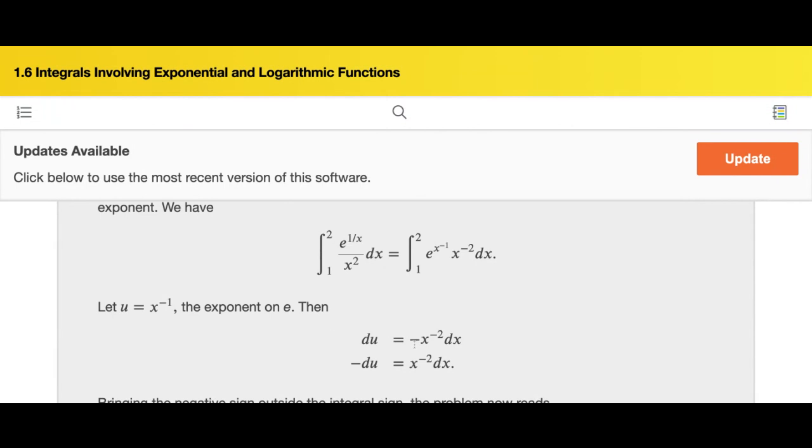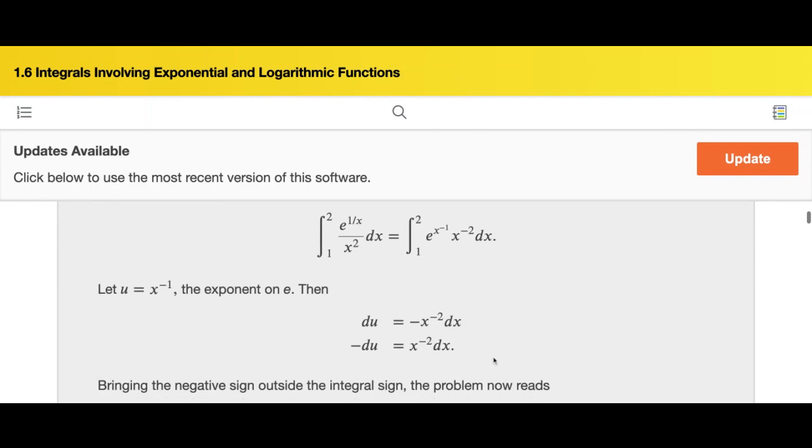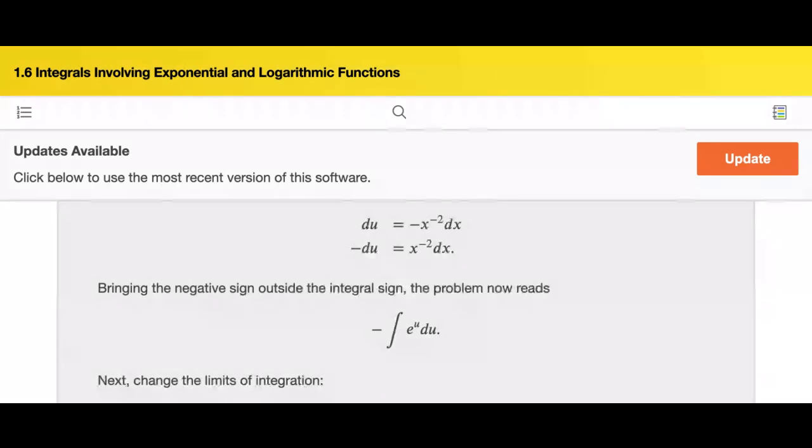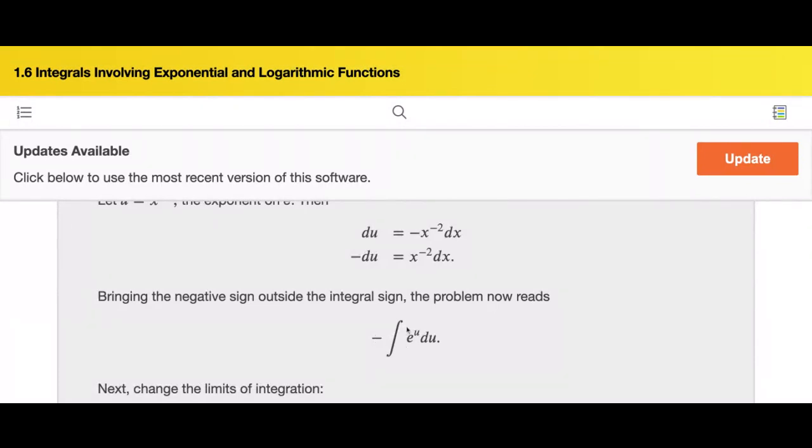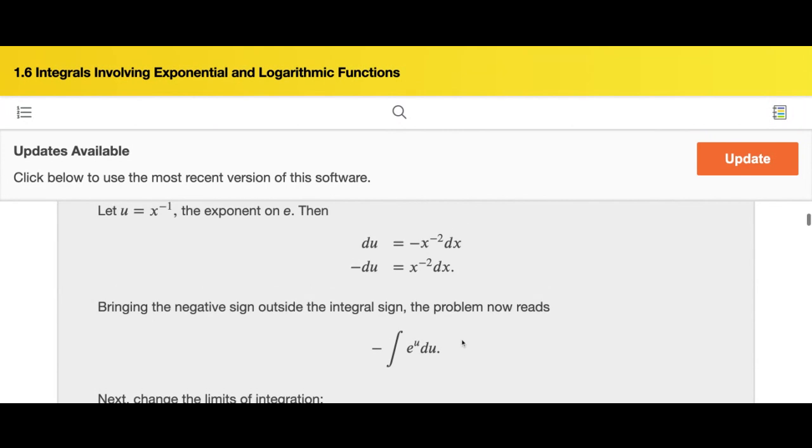So we'll have du equals minus 1 over x squared dx. You see that in the integrand we have 1 over x squared dx, that's a negative du. Then we substitute negative du and the u, so we'll have negative e to the u du. Does this make sense?